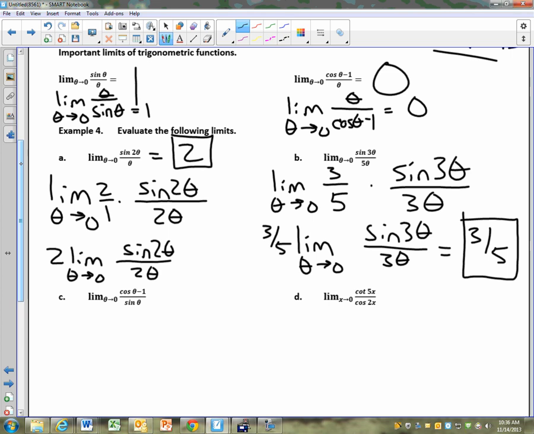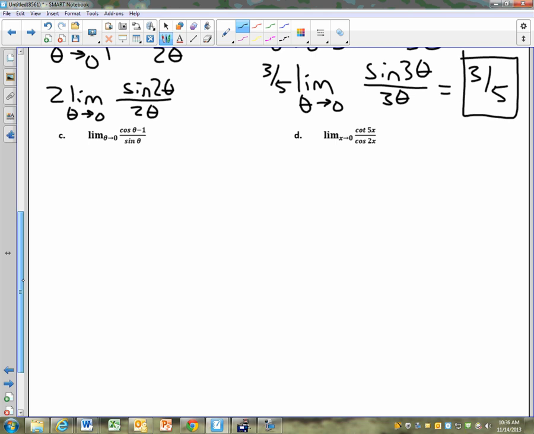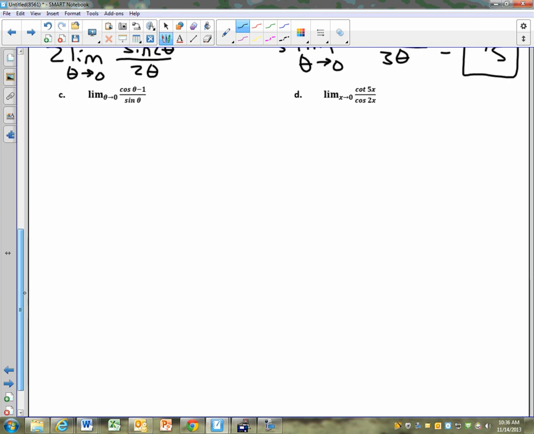If you plug in 0, it's undefined. But you also remember that you can have a function that is undefined at a spot like this, but the limit still exists. So these have what we call removable discontinuities, but the limit still exists. Okay? So, cosine of theta minus 1 over sine of theta.